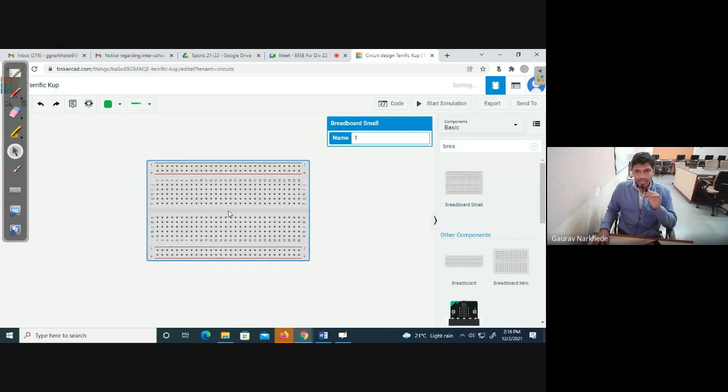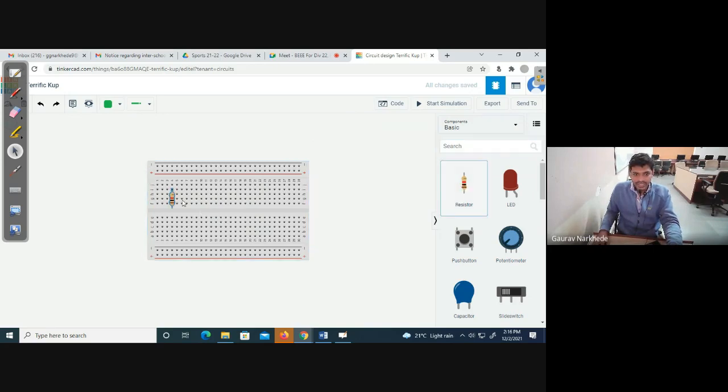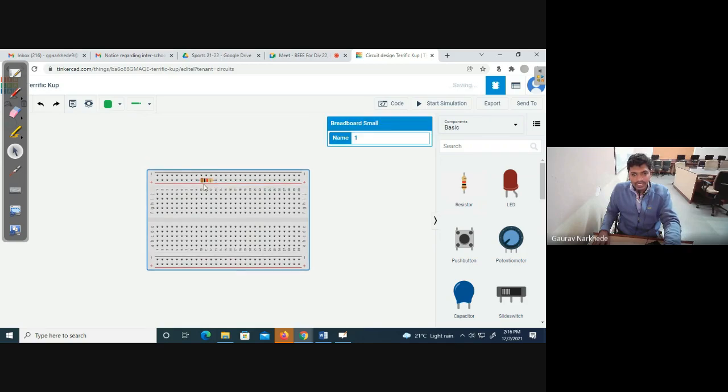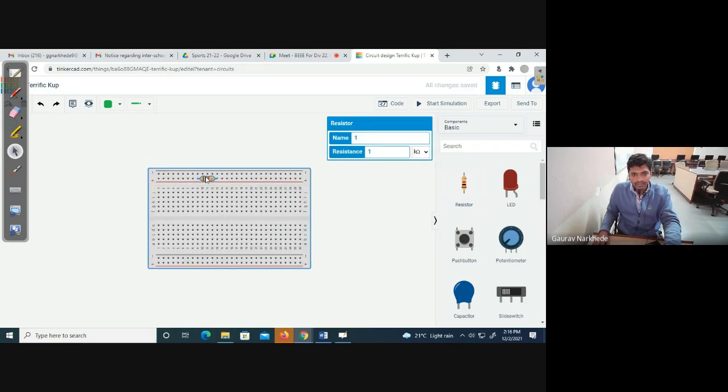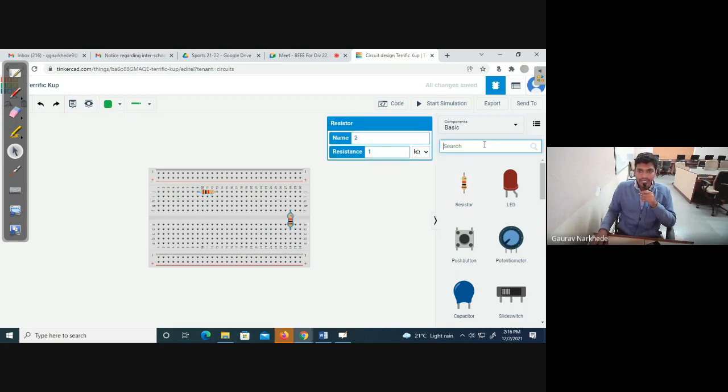Okay, and then we want a resistor first, so I will just keep a resistor here. I'll just rotate it properly and place it. Okay, so I have placed the breadboard and the resistor on the breadboard. One more resistor we want for load, so I'm just placing it here. Okay, and then we want a Zener diode.